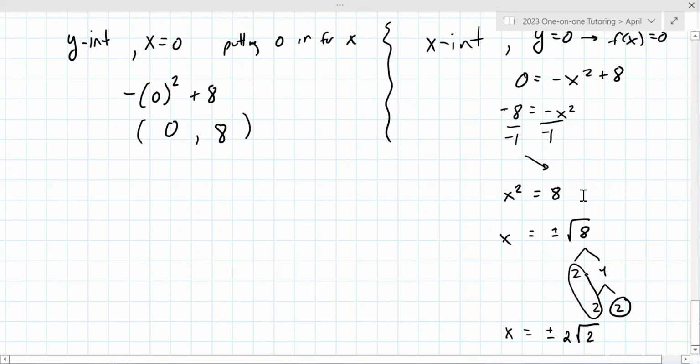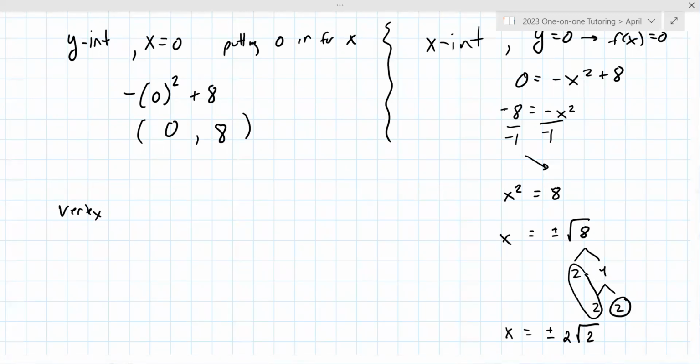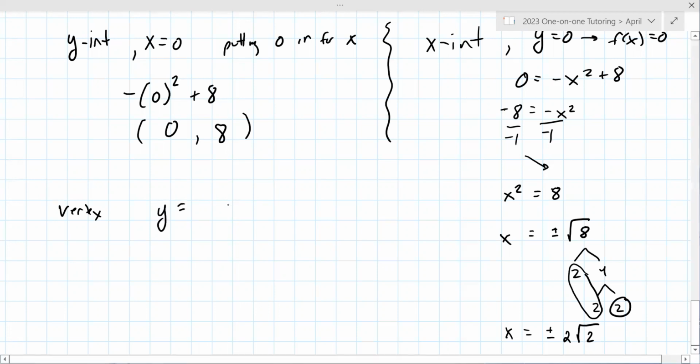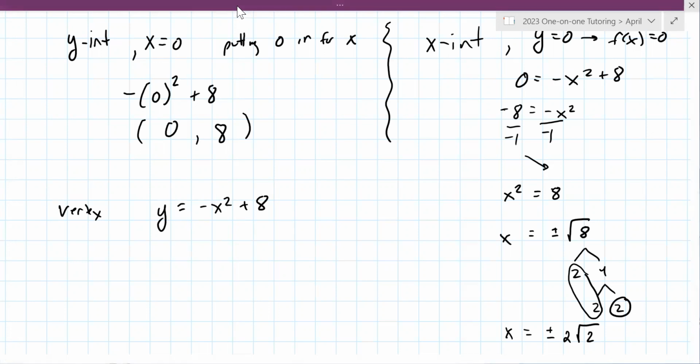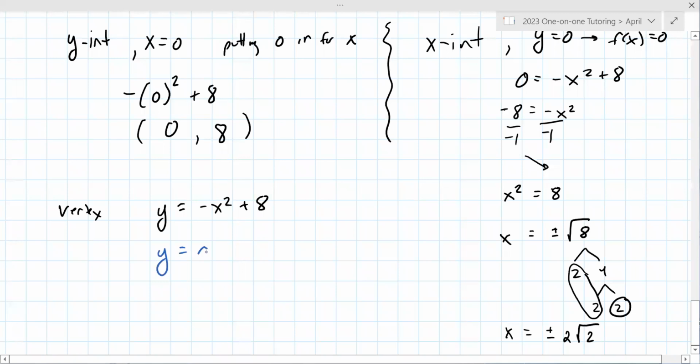All right. Now the next thing is the vertex. We'll go back and write it as y equals minus x squared plus 8. The standard form here is ax squared plus bx plus c. Can you tell me the values of a, b, and c? A is -1, B is 0, and C is 8.